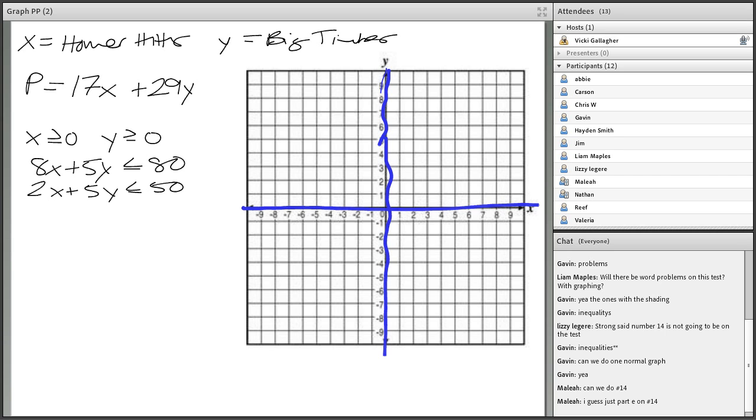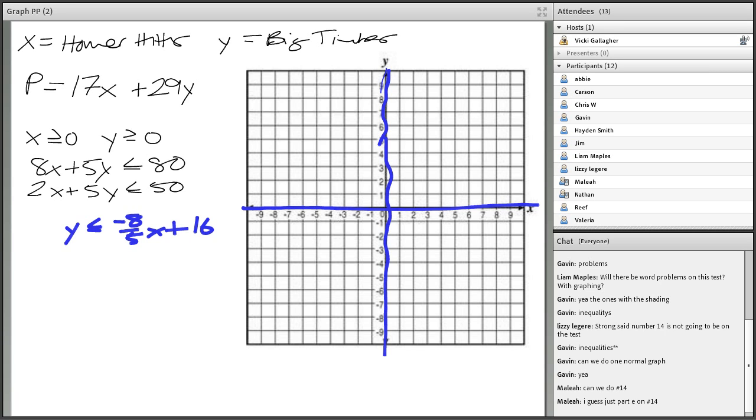Me personally, I like to change these. I changed it to y is less than or equal to negative 8 over 5 x plus 16, since 80 divided by 5 is 16.